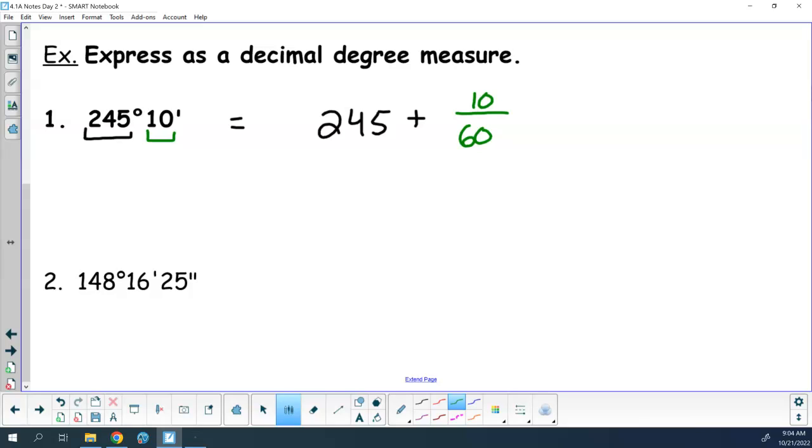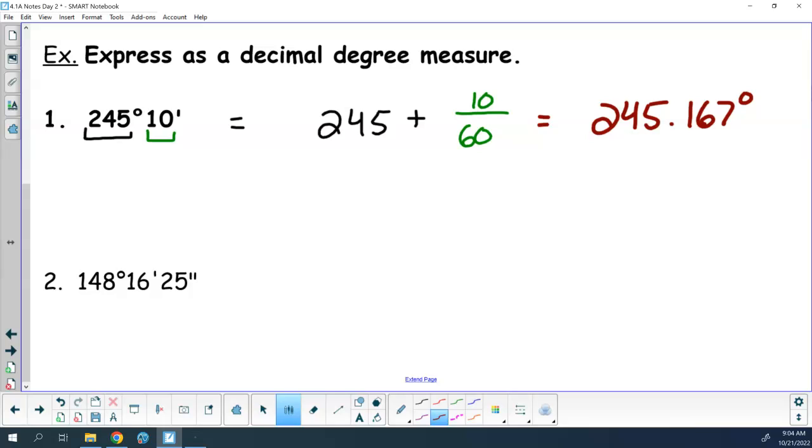Okay? Now we go to a calculator, and we say that that then is 245.167 degrees. Really, it's 0.16666666, and so on. The 6. Okay. And that's it.